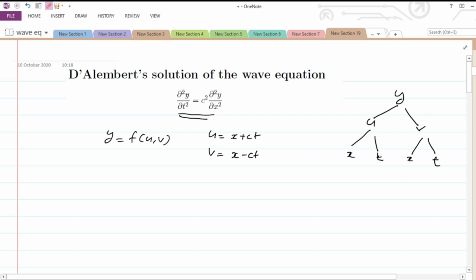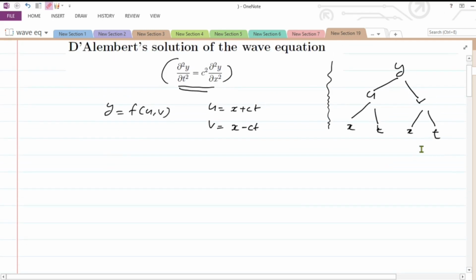Actually y was a function of x and t, but we take a more detailed view to derive the D'Alembert solution for the wave equation. We take u equal to x plus ct and v equal to x minus ct, where u and v are just variables, and y is a function of u and v. You can think about this picture, a tree for finding partial derivatives.